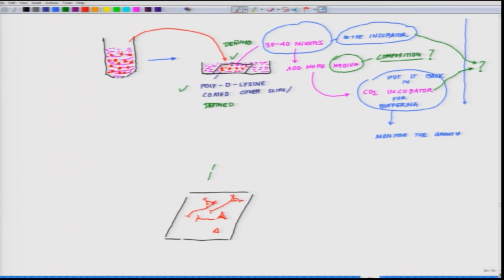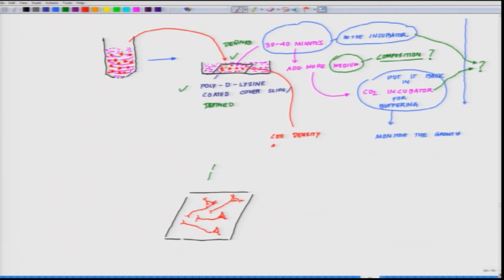So, typically there is a certain cell density of plating that you have to use. This is another thing which I haven't mentioned here, cell density.